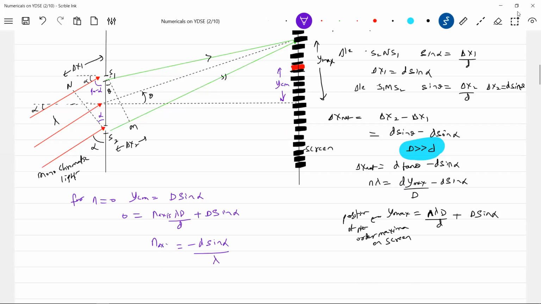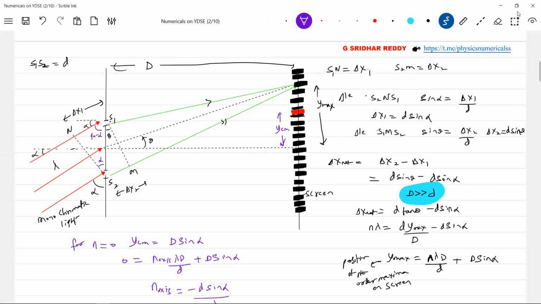Sir, we wrote delta x as d tan theta minus d sine alpha, sir. Why aren't we writing sine alpha as tan alpha? Hey, alpha is not small. Alpha is 30, 40 degrees. How will alpha become tan alpha? Okay, sir, thank you.